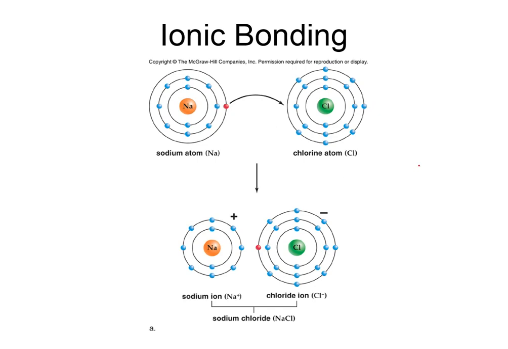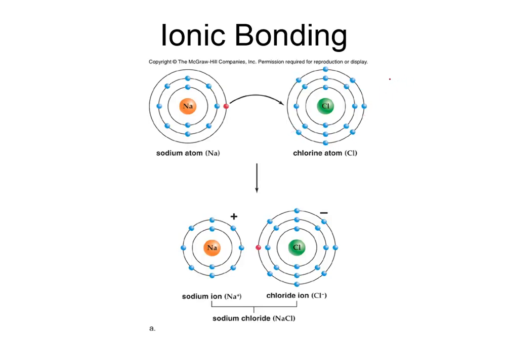So, how does it work? This is sodium atom. So sodium atom has 2 electrons inside and 8 electrons in the middle and 1 electron outside. This is chlorine atom. Chlorine atom has 2 electrons inside, 8 electrons in the middle, and 7 electrons outside.